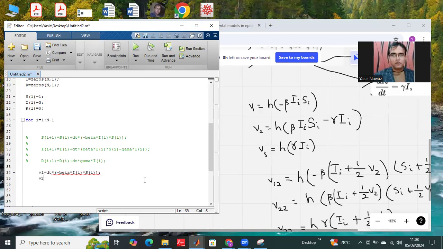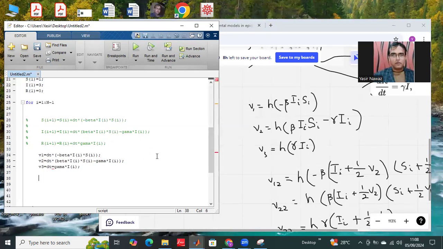And then V2. V2 is dt multiplied by beta I at i, and then S at i minus gamma into I at i. Now V3 is equal to dt gamma multiplied by I at i. So that was the first stage.